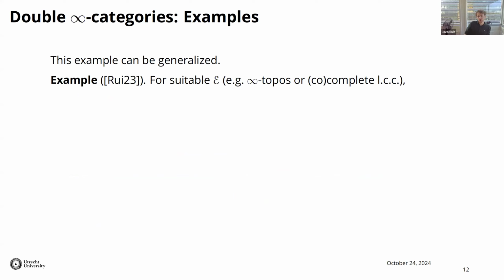For a suitable infinity category E, for instance, you can take E to be infinity topoi, or any bicomplete locally Cartesian closed infinity category will do here.